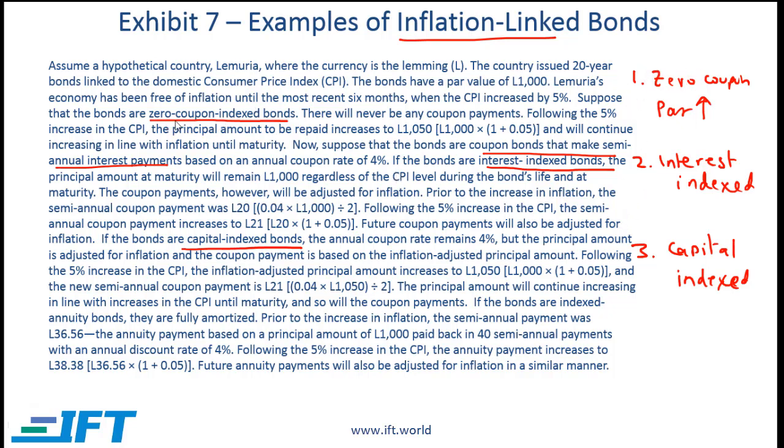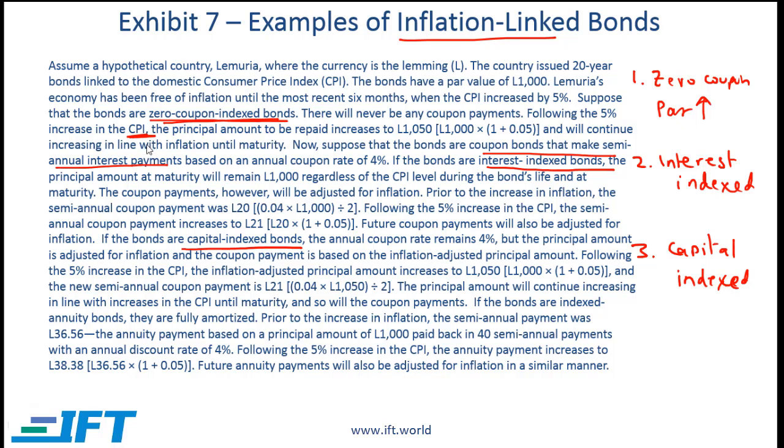First, we have a zero coupon indexed bond. Since this is a zero coupon bond, obviously coupon payments are not being made during the life of the bond. So here the par value or the amount that needs to be paid at the end is indexed to inflation.